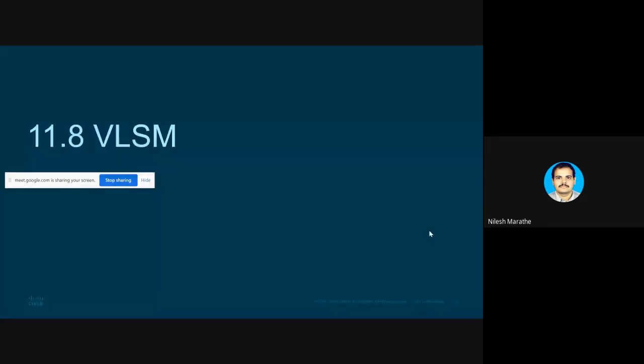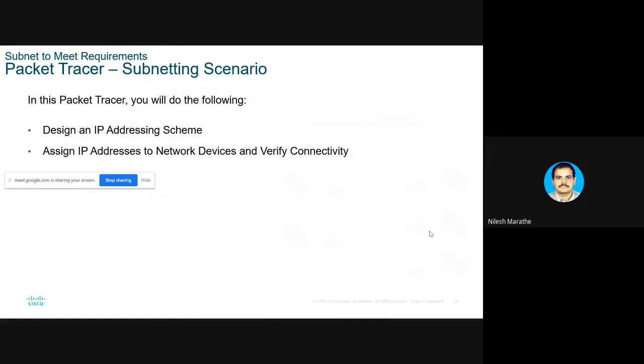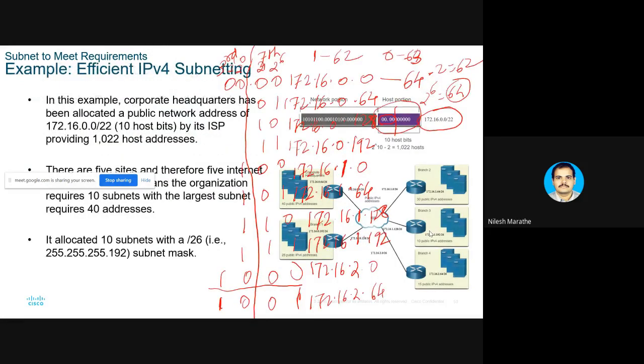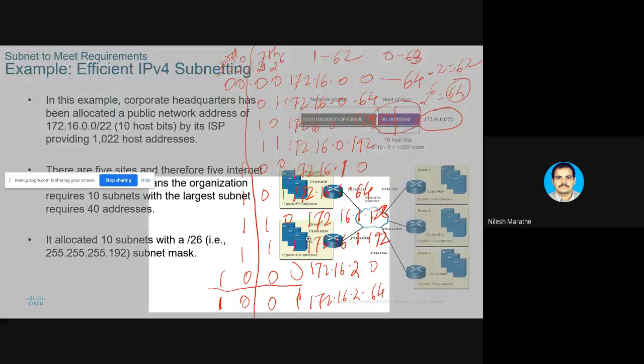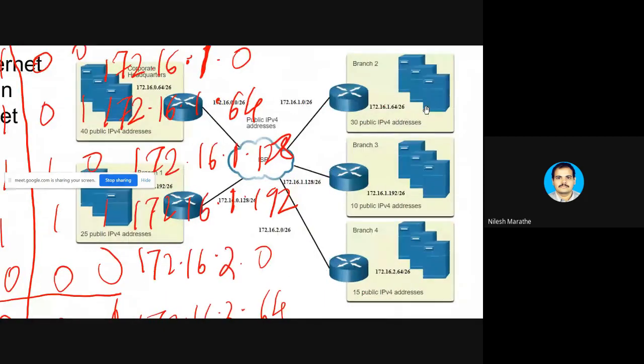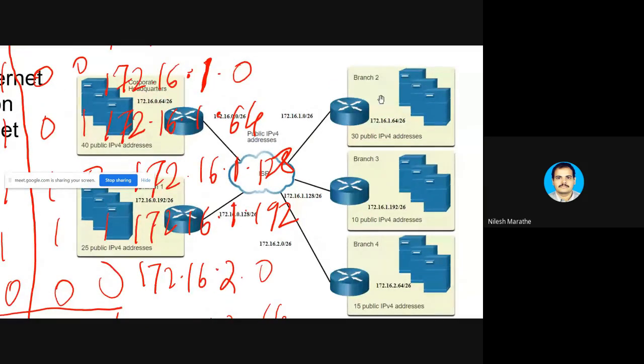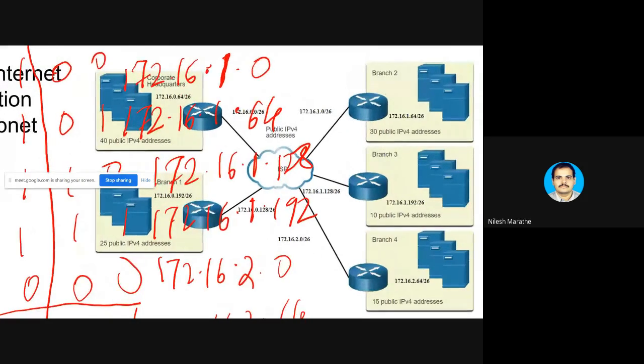Now I come to the question. Is this way of doing subnetting efficient? It might be possible that this network requires 62, and this one requires 62. But is 62 required here also in between?